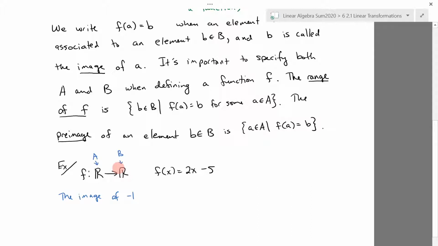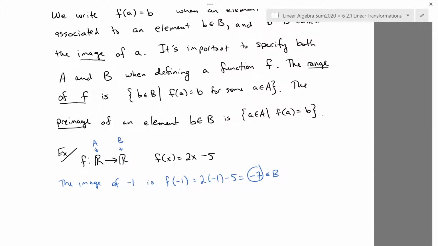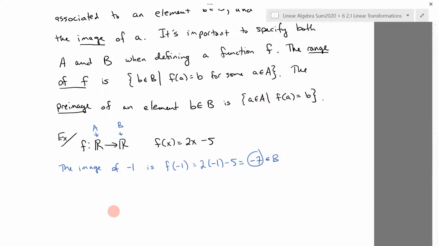So the image should be in the codomain, and I calculate the image by just plugging it into the function and then calculating. Here x is -1, so I plug it in for x. So the image of -1 is the element -7, and this belongs to B. So that's how we can calculate the image.